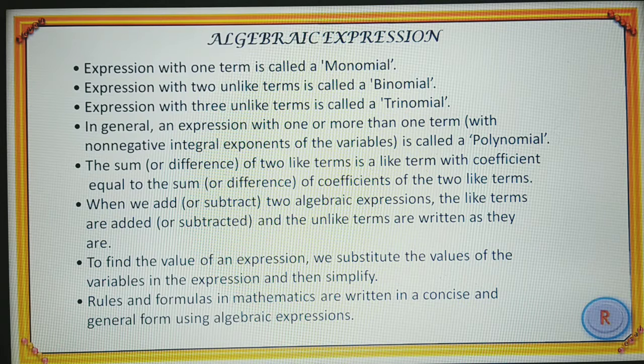To find the value of an expression, we substitute the values of the variables in the expression and then simplify. Rules and formulas in mathematics are written in a concise and general form using algebraic expressions.